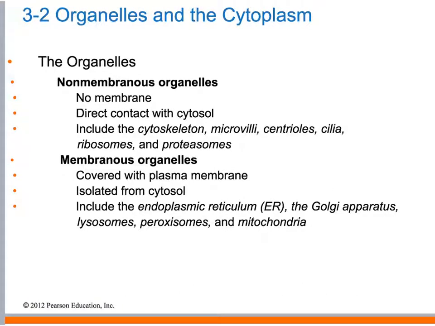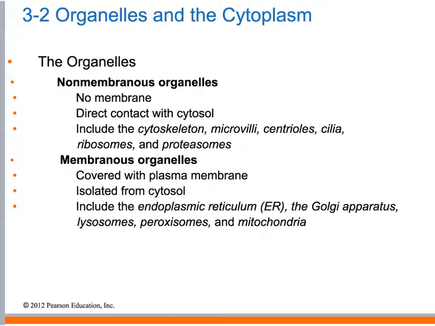There are two types of organelles. There are non-membranous organelles. They have no membrane, and they have direct contact with the cytosol. They include the cytoskeleton, microvilli, centrioles, cilia, ribosomes, and proteasomes. Know that there's a specific question on that. And then the membranous organelles, they're covered with a plasma membrane. They're isolated from the cytosol.